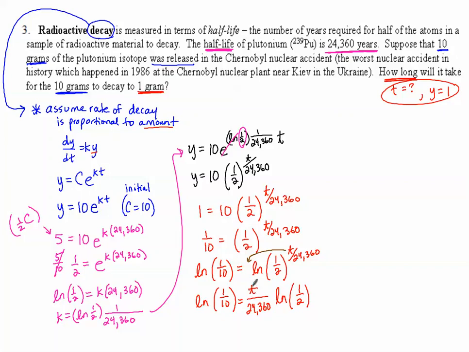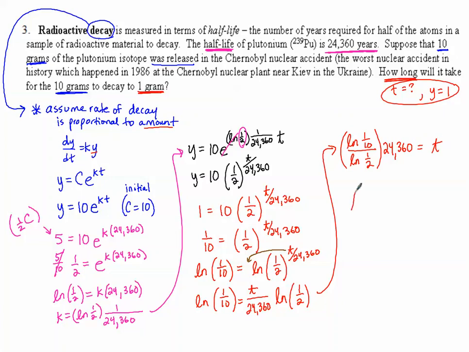Now I just have to get the stuff away from the t by multiplying or dividing. I need the natural log of 1/2, which is multiplied, to go away, so divide by it. Natural log of 1/10 divided by natural log of 1/2, and I need this 24,360 also to go to the other side. So we'll be multiplying this by 24,360, and now I have my t by itself.